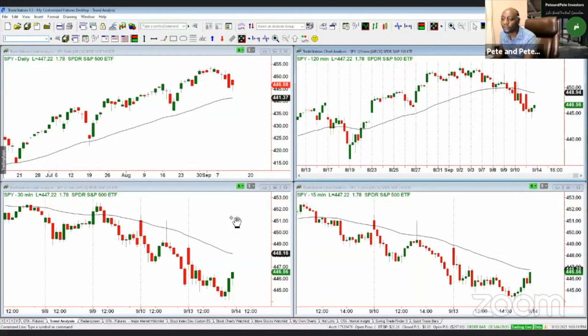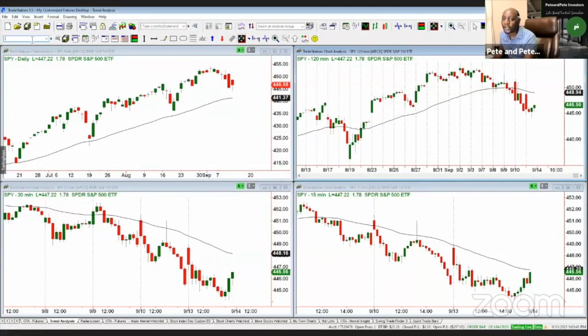Okay, so we have 4 windows of the same ticker symbol with different time frames. All right, so it's easier for me at this point to navigate and figure out what's the trend, because the one thing that you always want to know is the trend. The trend is your friend, until the end.